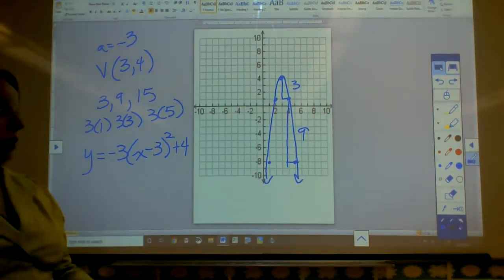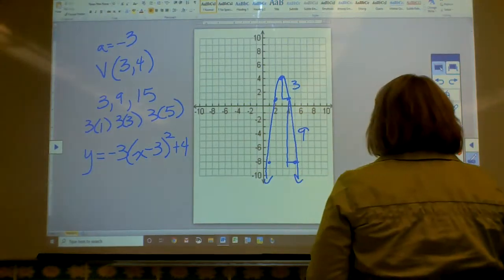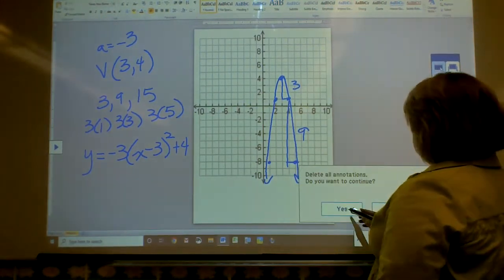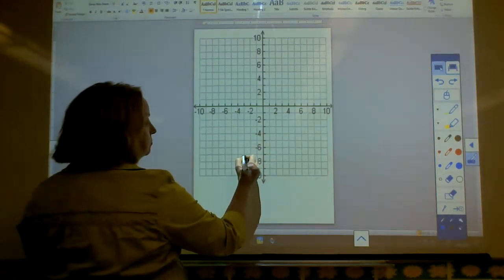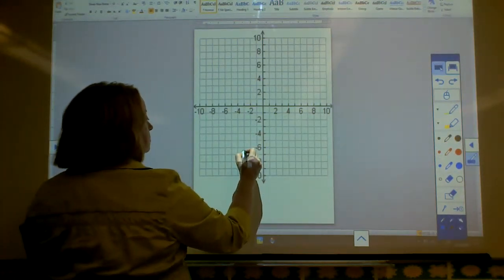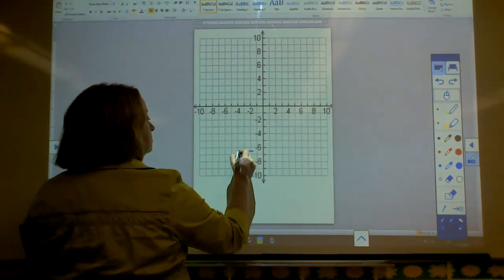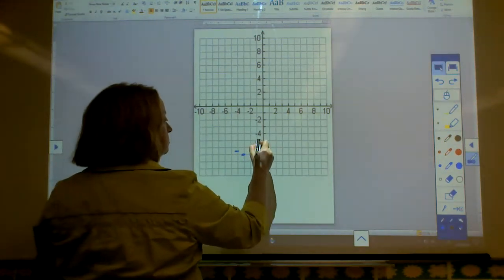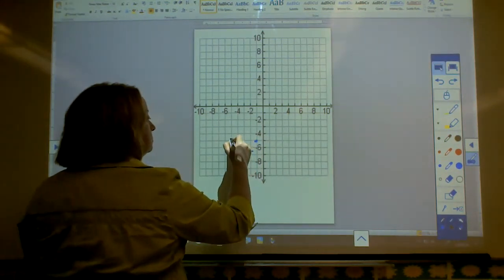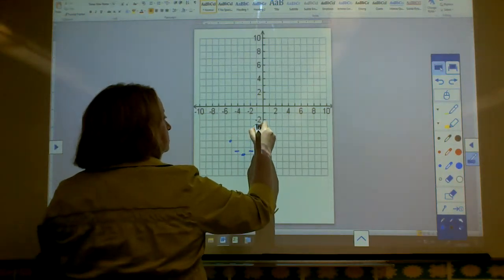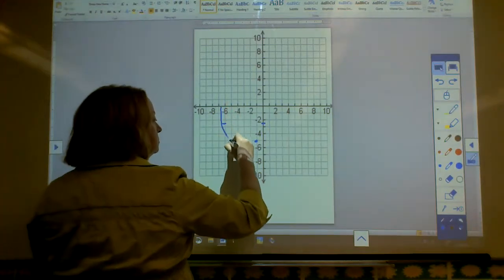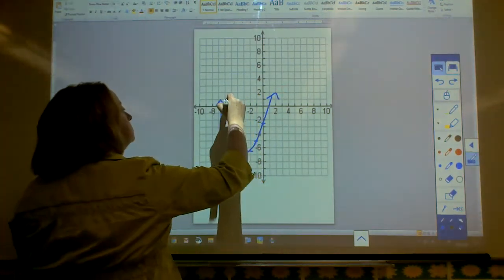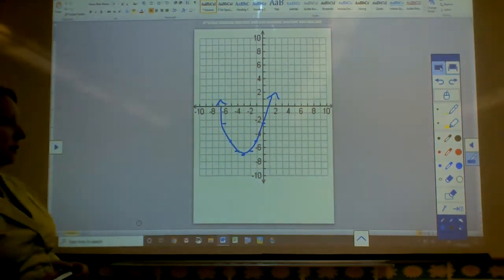So let's go ahead and do one more. Let's say this is your graph right here, and that's your parabola right there.